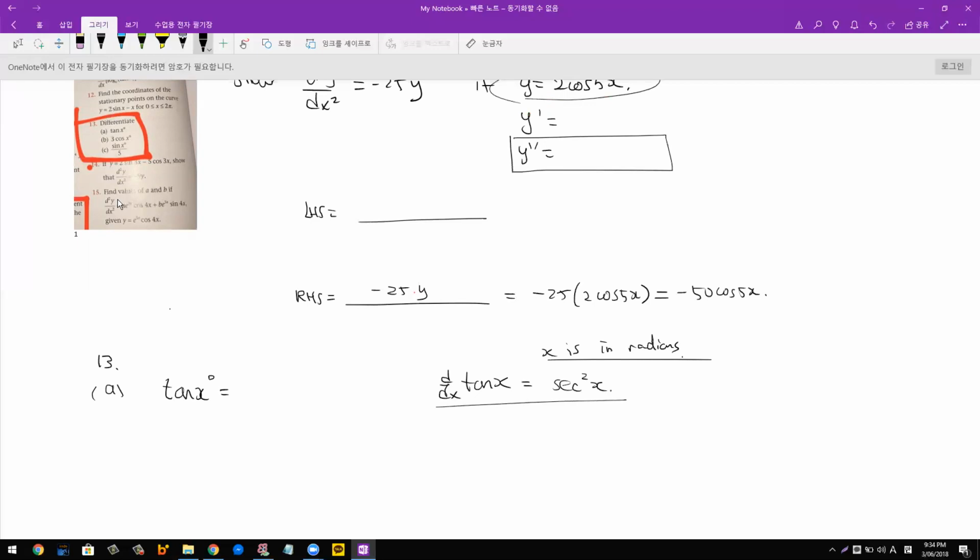Now, on the other hand, you have to change this. So degrees, I think you have to change this into tan of either pi x over 180, or I think it was tan of 180x over pi. Let me think about this.